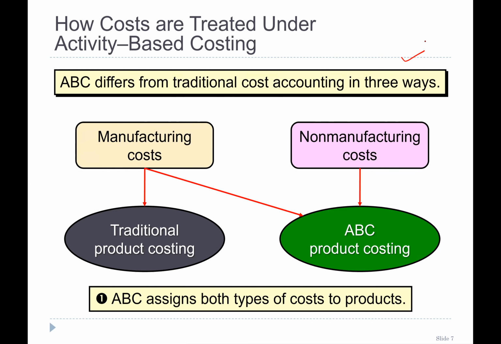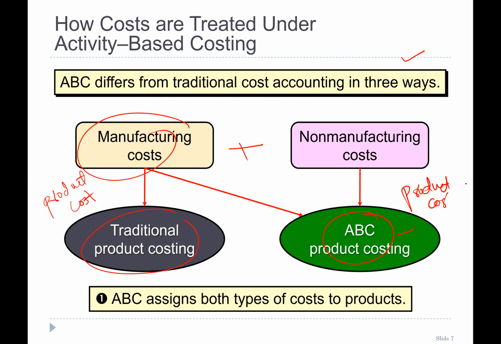Number one, in traditional costing, we have manufacturing cost and non-manufacturing cost, and we consider manufacturing cost as product cost, while ABC uses manufacturing cost plus some non-manufacturing cost as product cost as well, right?